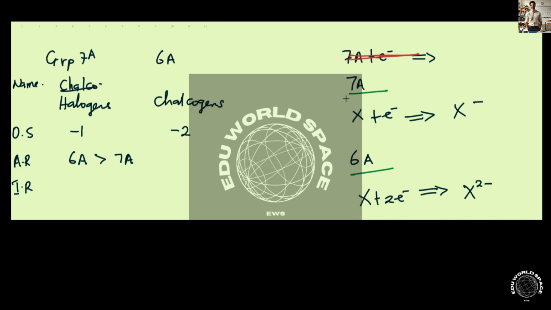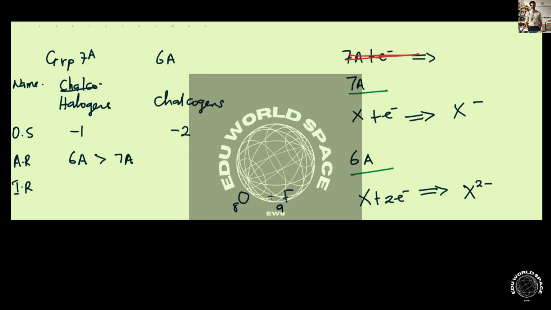A lot of times when you look at it, if you're considering the same period on the periodic table, for instance oxygen 8 and fluorine 9, if oxygen gains 2 more electrons, they have the same shell number. Oxygen and fluorine have the same number of shells; the outermost shell is the second shell.